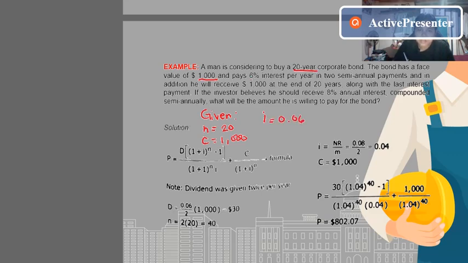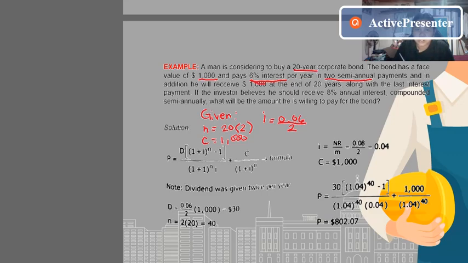It says interest per year in 2 semi-annual payments. Therefore, we divide by 2, and our N will be multiplied also by 2 since it is twice per year. And in addition, he will receive 1,000 at the end of 20 years along with the last payment.